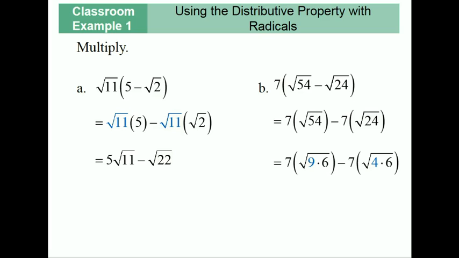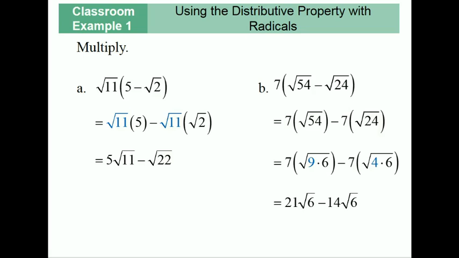So let's go ahead and look at the next step here. So what they did was take the square root of 9, which is 3, and 3 times 7 yielded 21. And then in the other radical on the right, they took the square root of 4, which is 2, so 2 times 7 is 14.